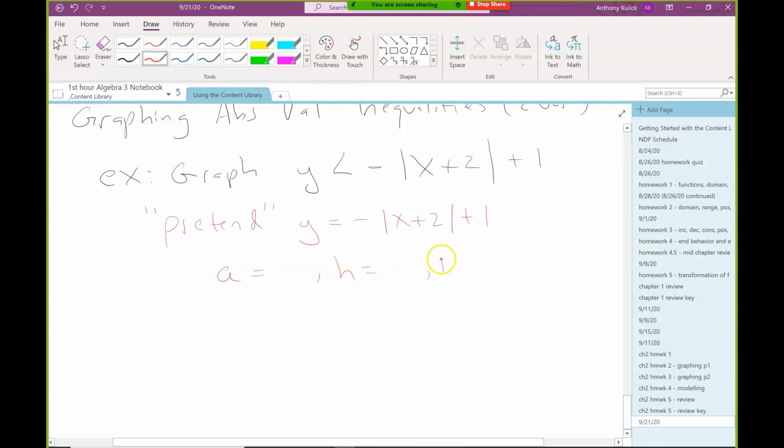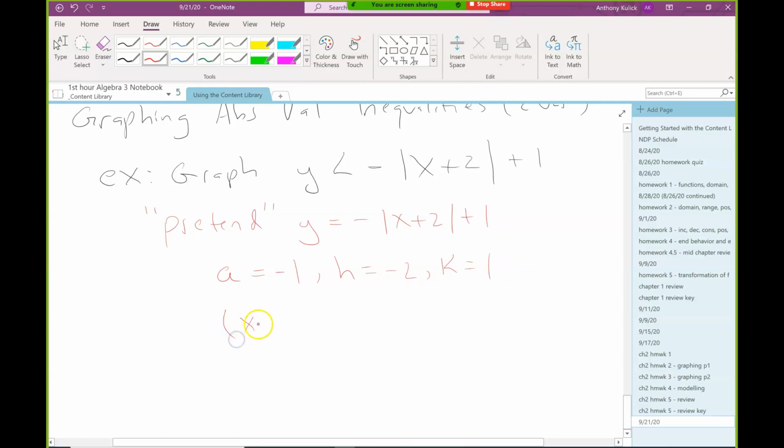So we'll start by identifying our values for A, H, and K. Our value for A here is -1, very good. And our value for H is -2, and the value for K is +1.